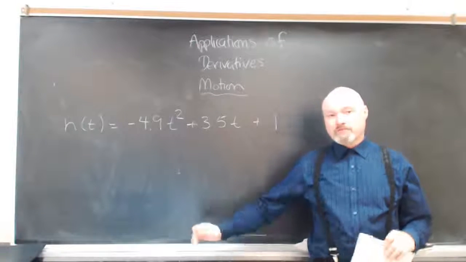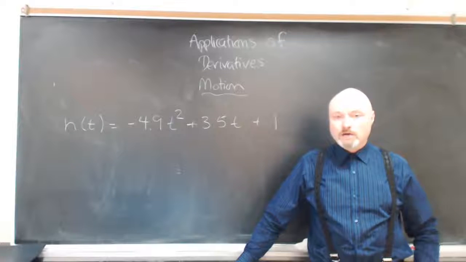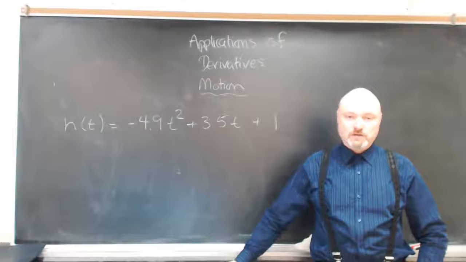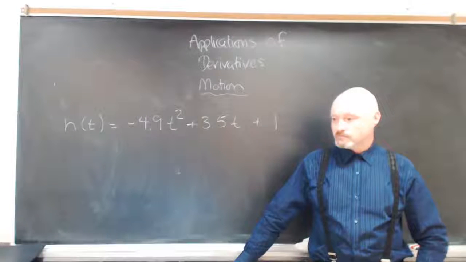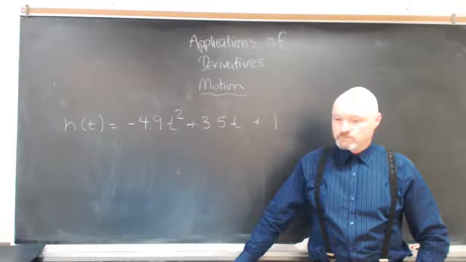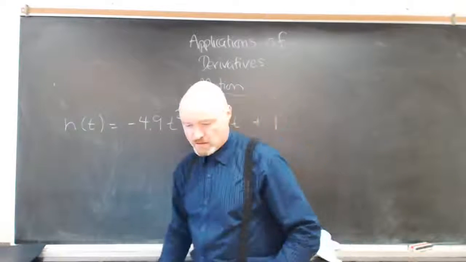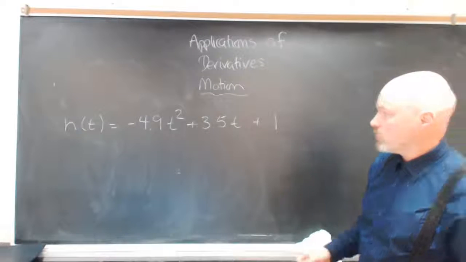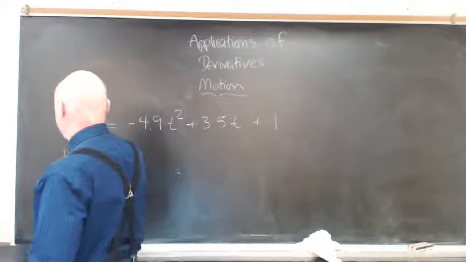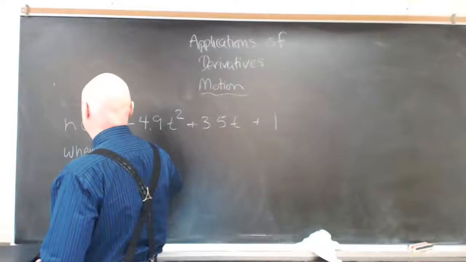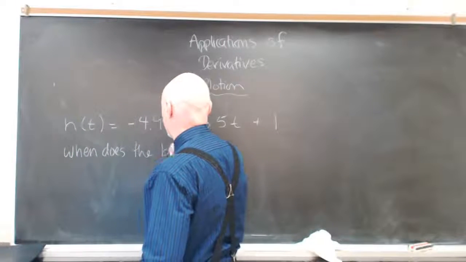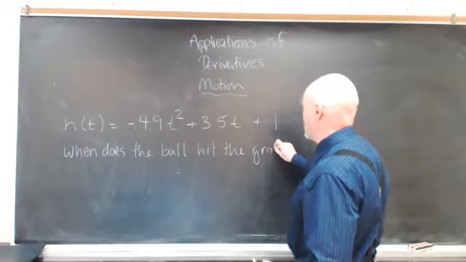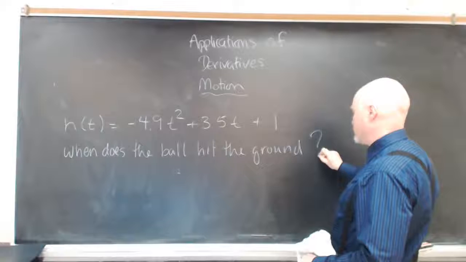In the preamble, I've got Luke kicking a soccer ball, and the height at any given time is given to us by that equation right there. My first question would be, when does the soccer ball hit the ground?